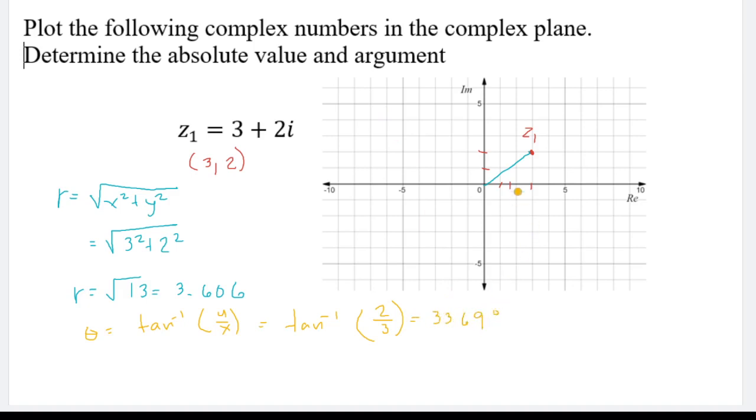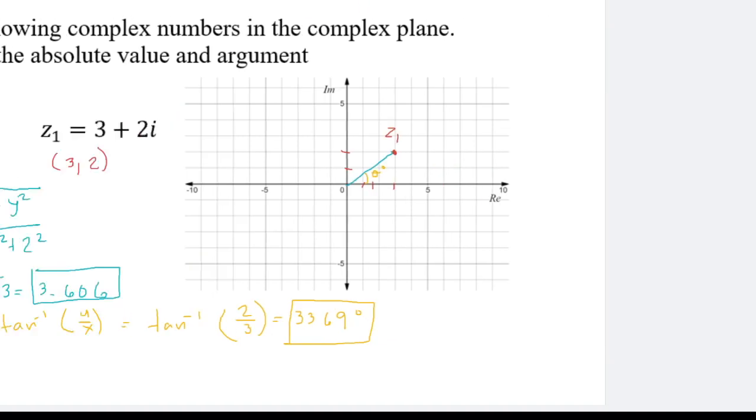As we observe, the angle that we get is between 0 to 90 degrees. Kasi kung mapapansin nga natin, itong first quadrant natin is nasa 0 to 90 degrees lang. At yung sagot natin is 33.69. So that is the absolute value as well as the amplitude of our given z1.